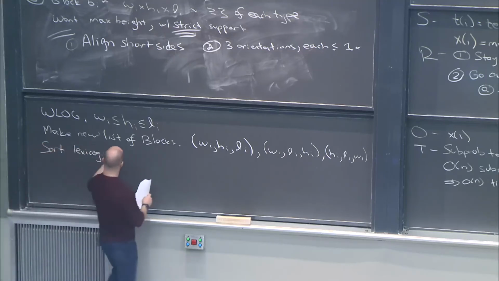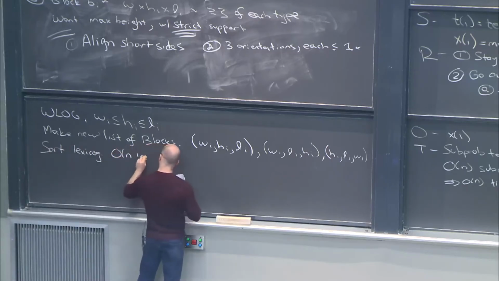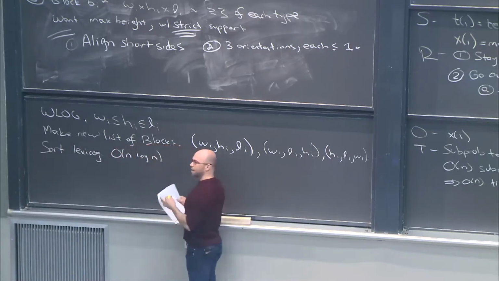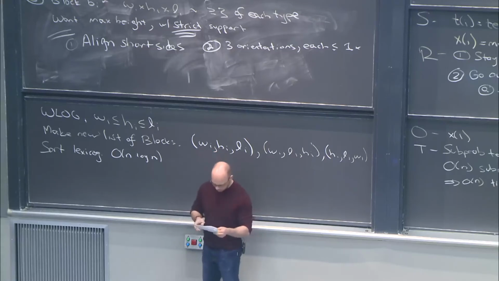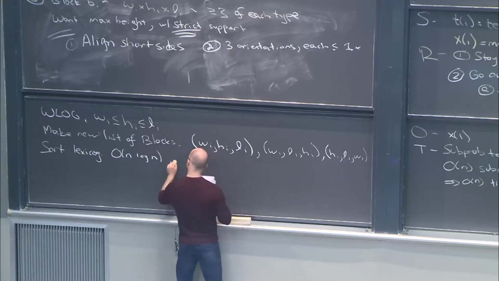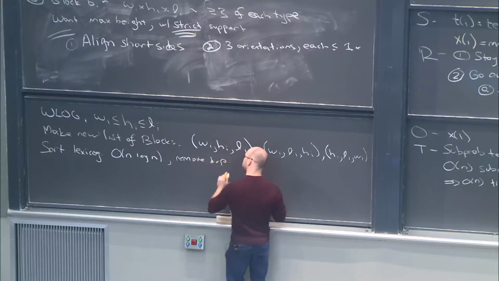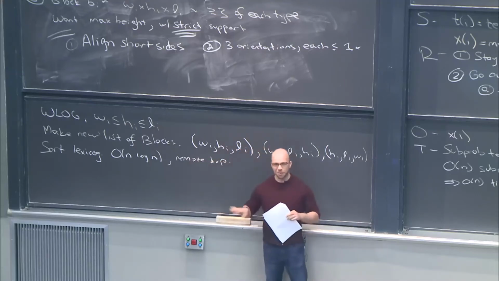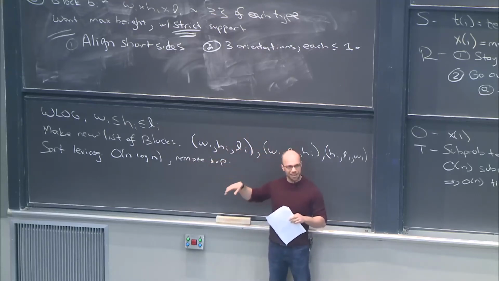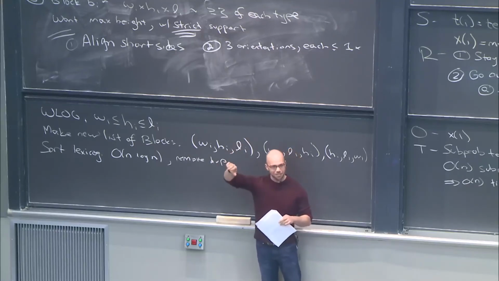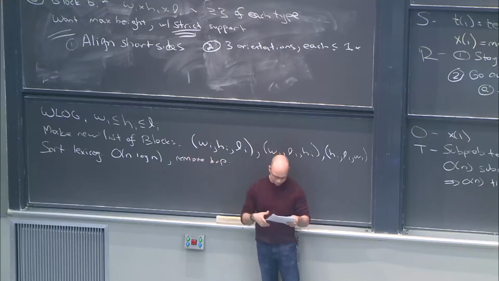So this entire thing takes order n log n time, which is important to account for. And then I can remove duplicates. I'll let you guys convince yourself you can do this in order n time. An easy way would be to make a second array and just kind of move, and only add stuff when you didn't see the same thing before you.